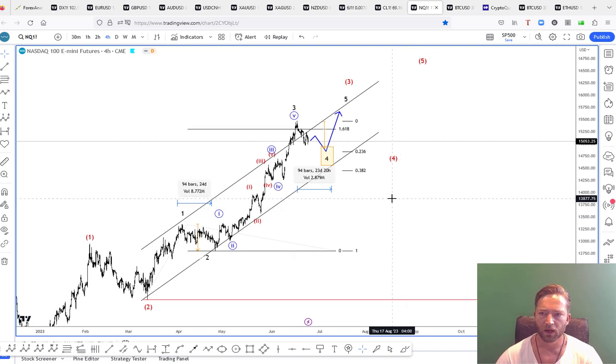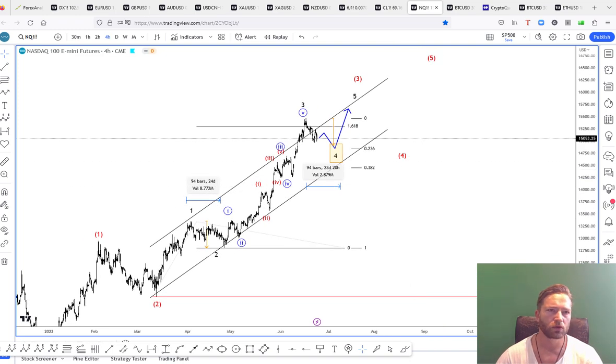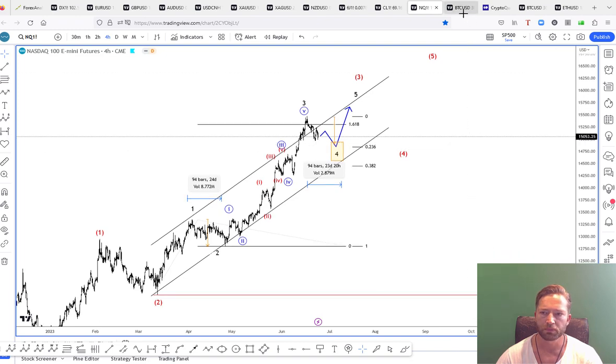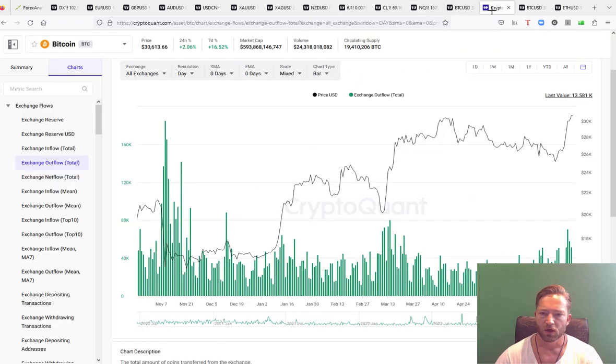Okay, now let's take a look also on cryptos, right? Okay, so firstly we will look at here at some of the outflows. Here we have outflows of exchanges of cryptocurrencies going out from exchanges to private wallets.